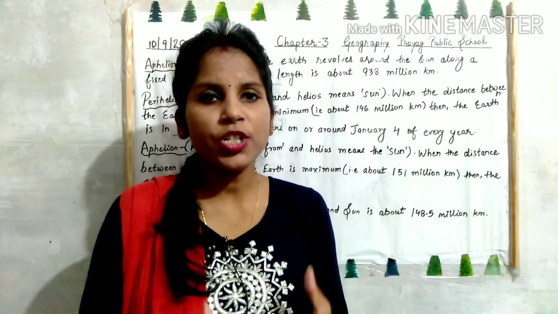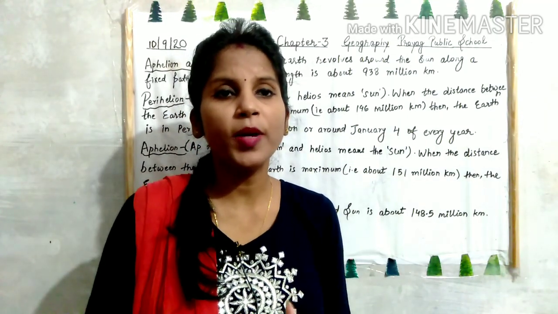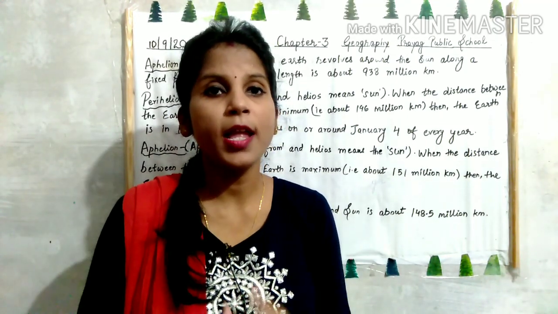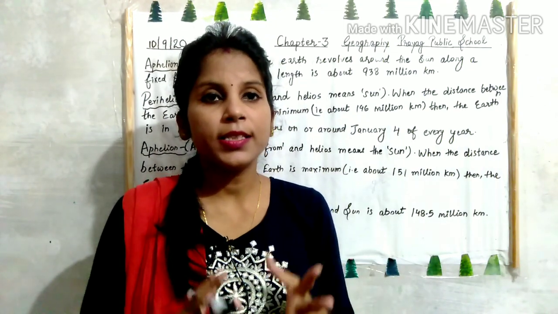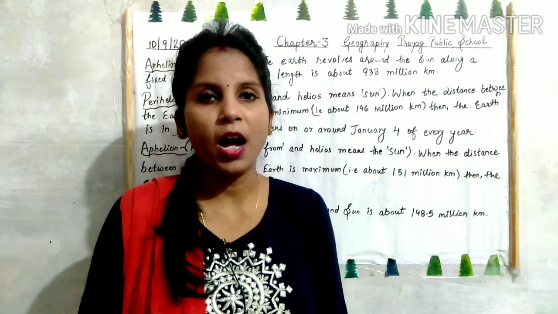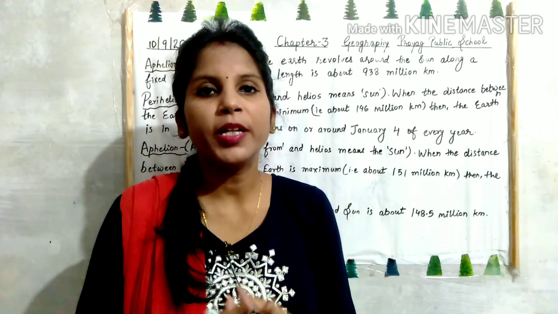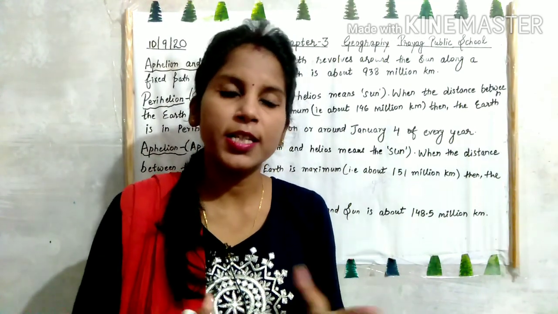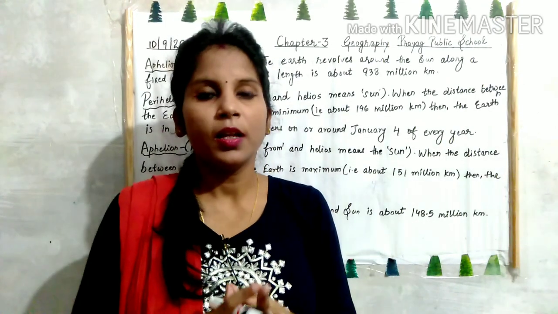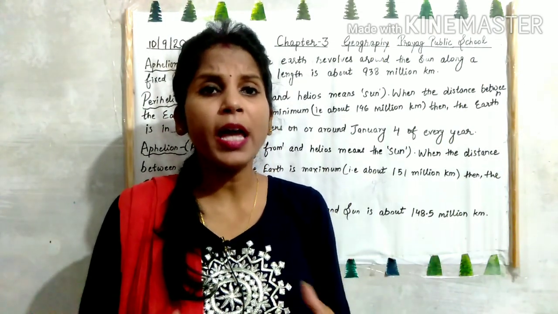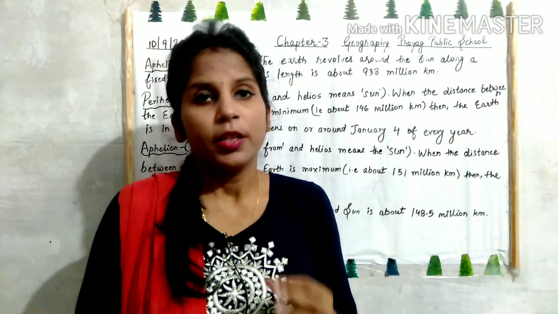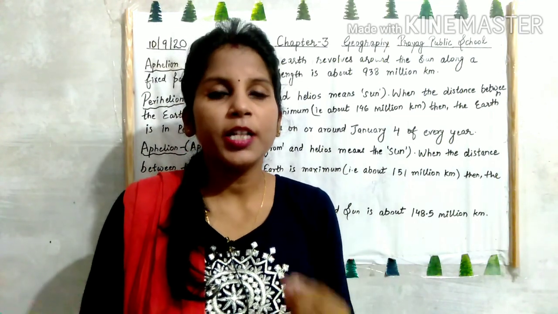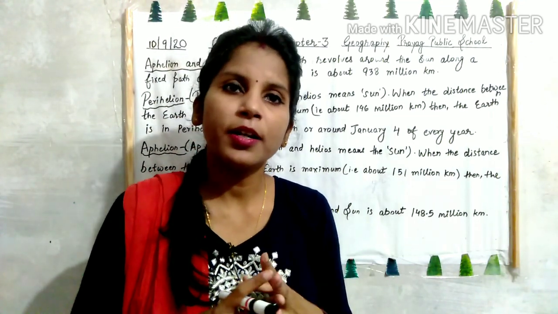So what is rotation? Rotation is the movement of the earth on its own axis, and it takes 24 hours or 1 day to complete one rotation, and rotation is also known as the earth day. Okay, then what are the effects of rotation? The effect of rotation is that it causes day and night.